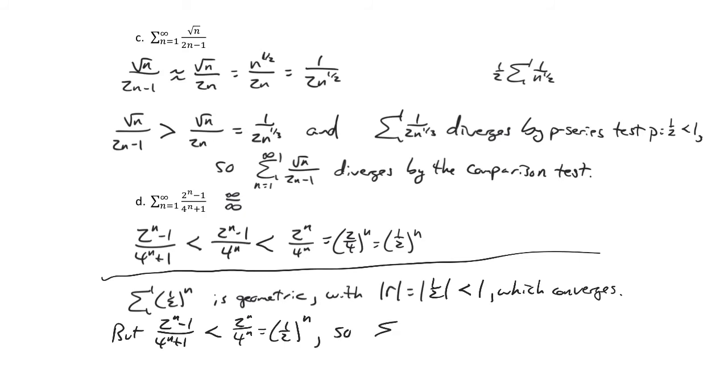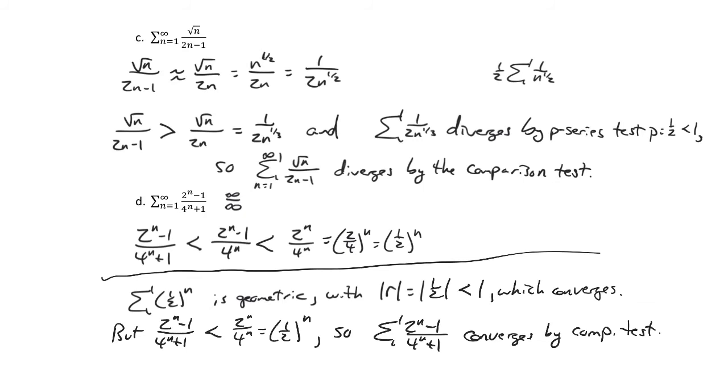So the series 2 to the nth minus 1 over 4 to the nth plus 1 converges by the comparison test. Very cool.